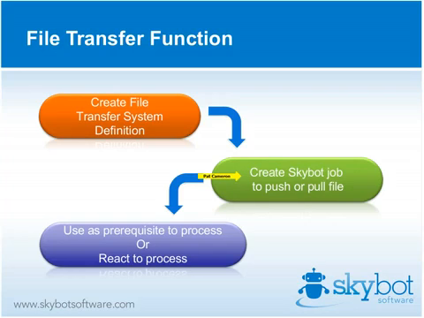It can also be reactive to another process. So you can set up a dependent job stream so that as soon as one process finishes on your system, you can trigger that transfer to occur, or you can use that file transfer as a prerequisite. As soon as it completes, you can trigger another process. So it's really easy to set up dependent job streams using Skybot Scheduler.